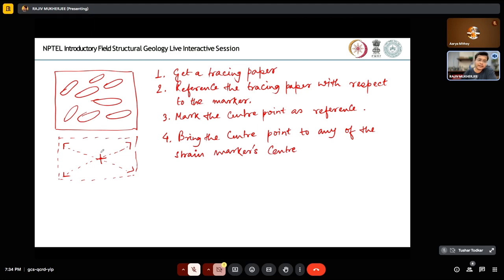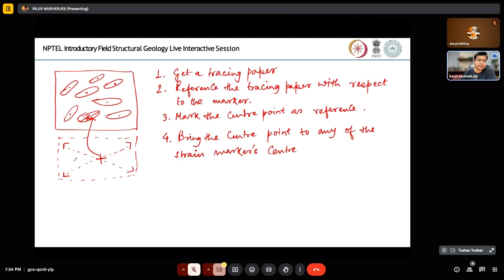Right. So say for example, I place this center on this marker, I have its center point. So align this center point with the tracing paper center point. And then simply mark the center points of the other markers.